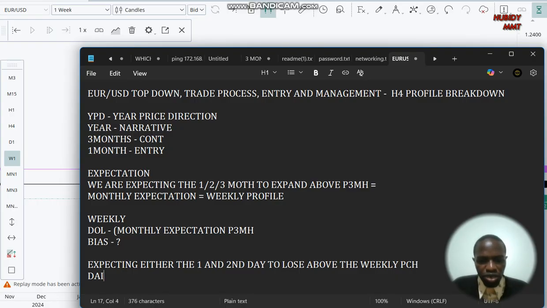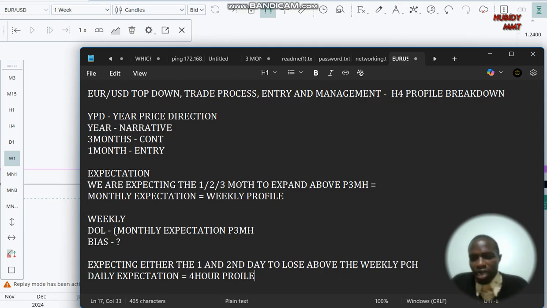Now, daily expectation equals 4-hour profile. I'll be quick now because we have already arrived at the profile we were trading. So daily expectation equals 4-hour profile. I hope time will be enough.